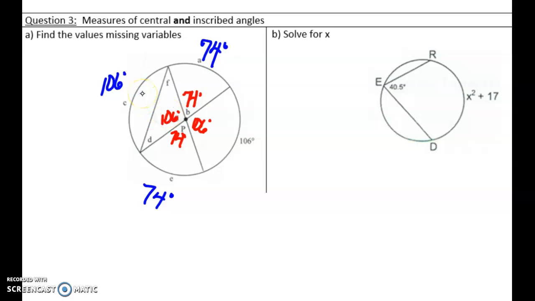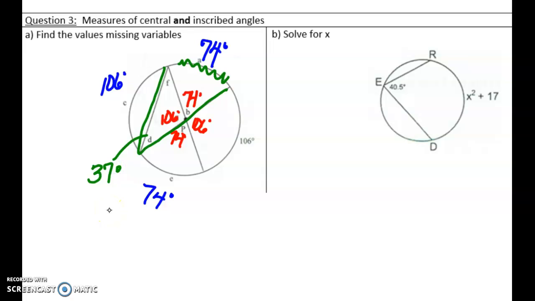Now we have inscribed angles. Inscribed angles are a little harder, so sometimes I trace over if I can. To find D, the arc that was intercepted is 74, so we're going to take half of that. Half of 74 is 37.